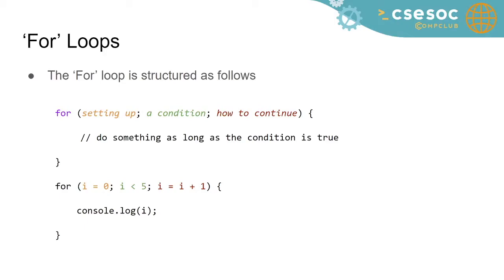That means our loop will stop when i is equal to 5 or bigger than 5. While i is less than 5, it will keep running. And our last one, how to continue, is i = i + 1. So every time we run the loop, we make i bigger by 1.